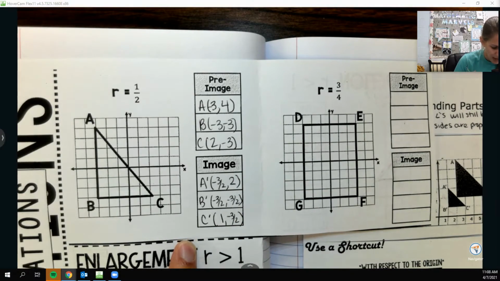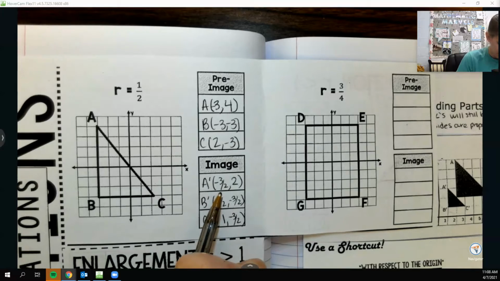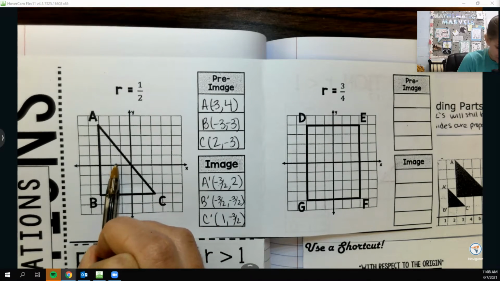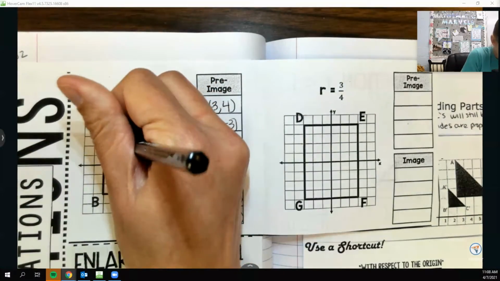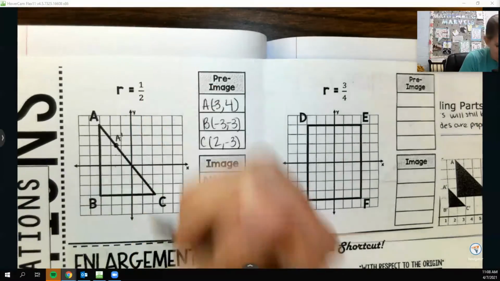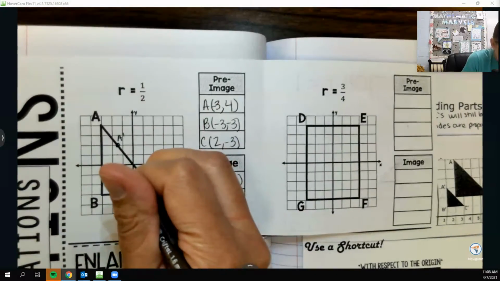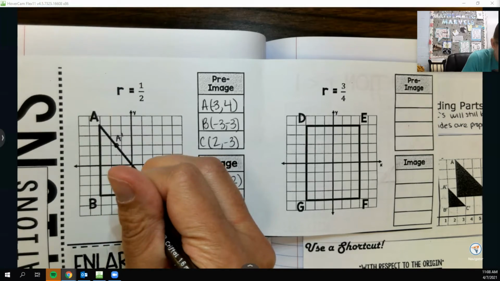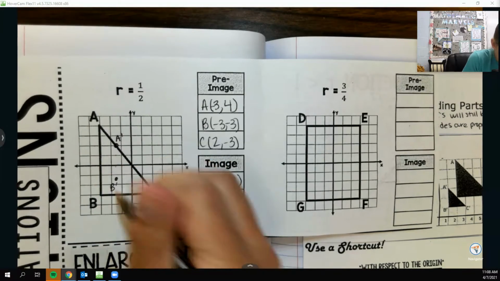So if we go to graph these, A prime will be at -1.5, 2. So again, you can kind of see how it's getting smushed in closer to our origin. B prime is at -1.5, -1.5, so right in the middle of a square. And again, it got pulled in to that origin again.